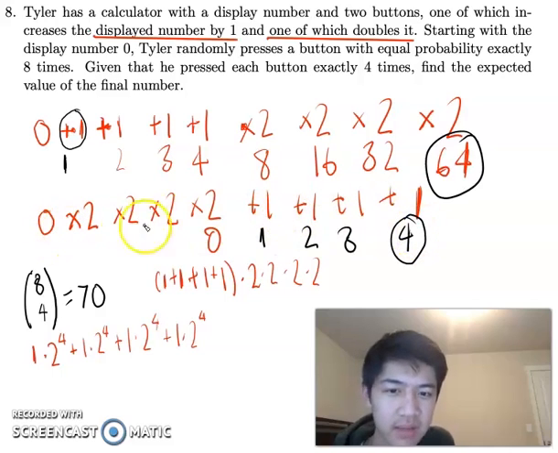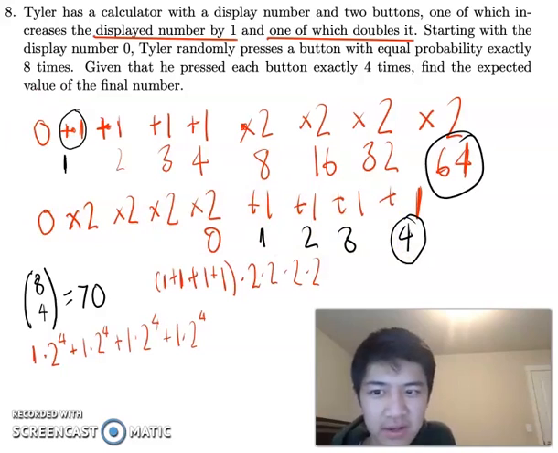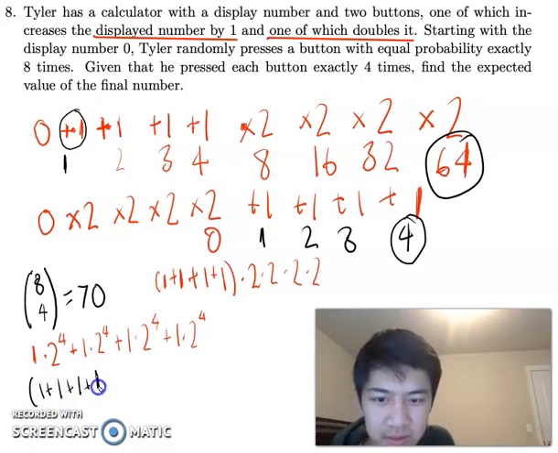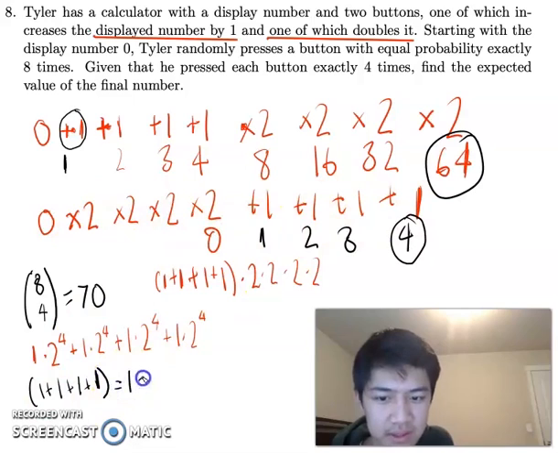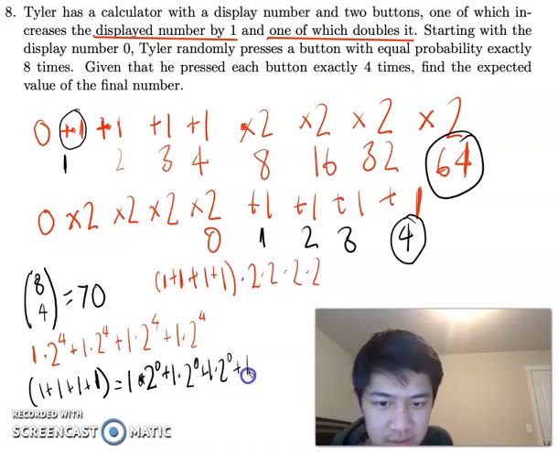So the times 2's do not affect these plus 1's at all. These plus 1's don't affect each other, and we're really left with 1 times 2 to the 0 plus another 1 times 2 to the 0 plus another 1 times 2 to the 0 plus another 1 times 2 to the 0.